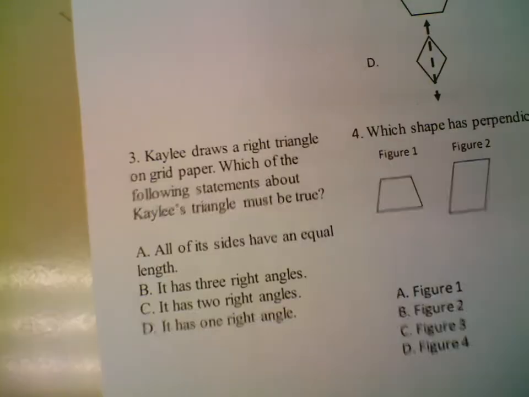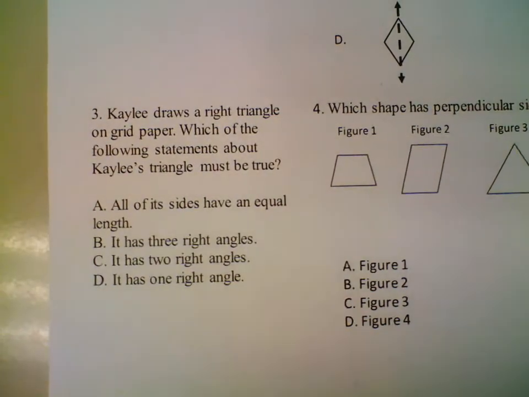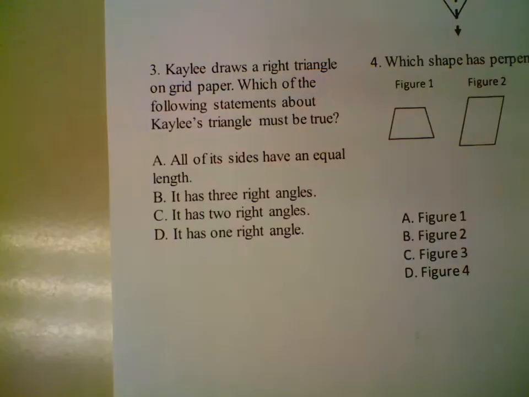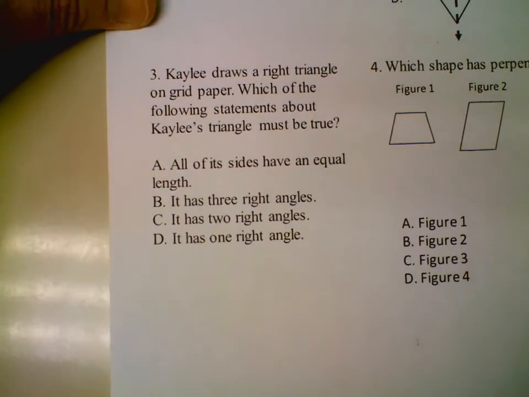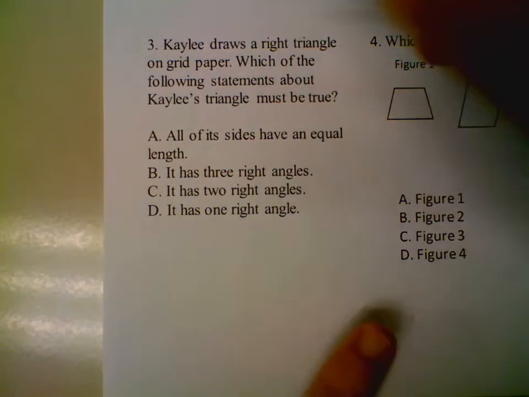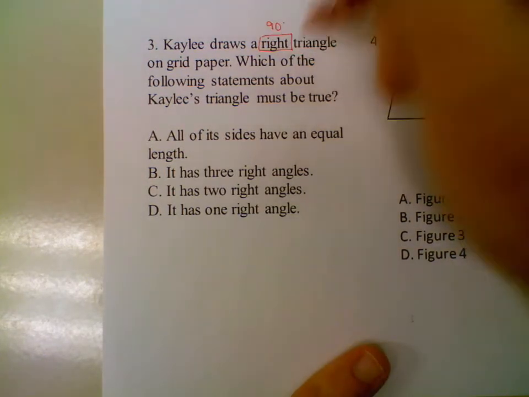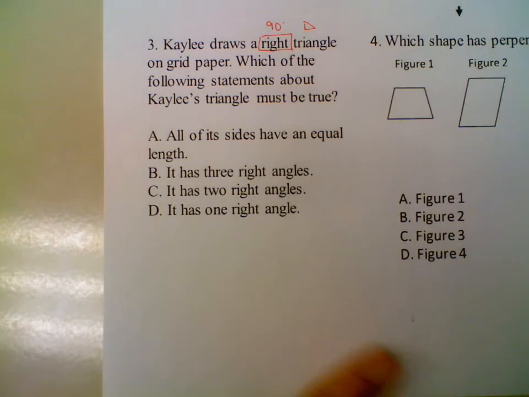Number 3. Kaylee draws a right triangle on grid paper. Which of the following statements about Kaylee's triangle must be true? Okay, so it's a right triangle, so it's got to have a 90 degree angle. Draw a little triangle for you.